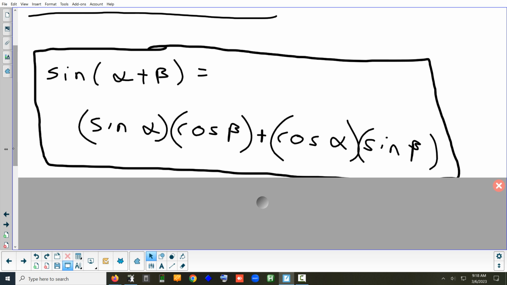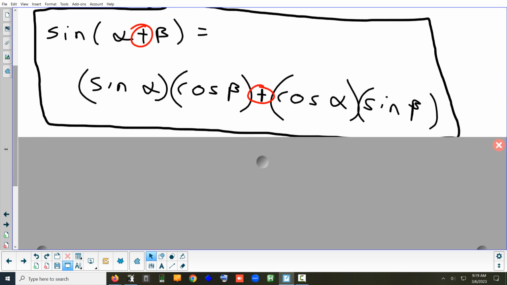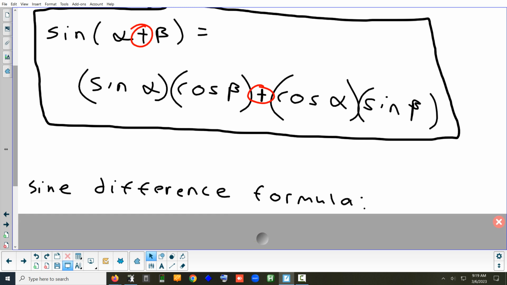And the other thing to notice is the sign between them. It's a plus. So when we're dealing with the sine formulas, whatever you put here is the same thing you put there. With cosine, it was the opposite. So that's the sine sum formula.